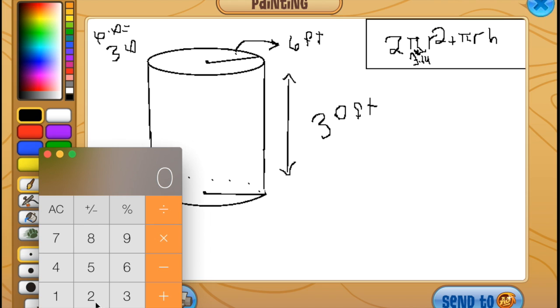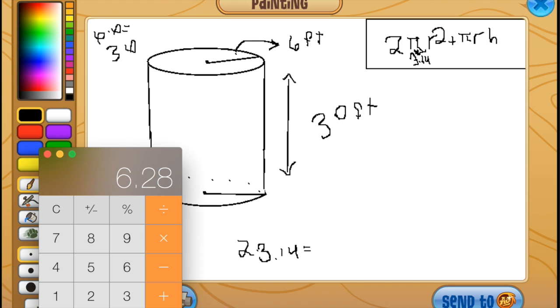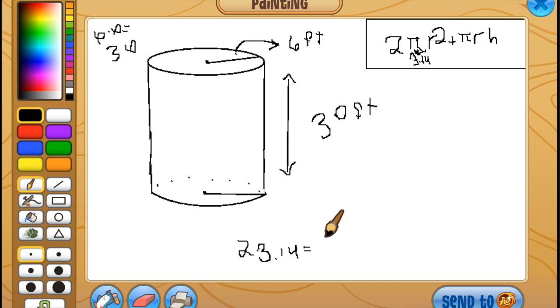If I bring up my calculator, we automatically know that's 6.28. So let's write this down in the corner. 2 times 3.14 is equal to 6.28.